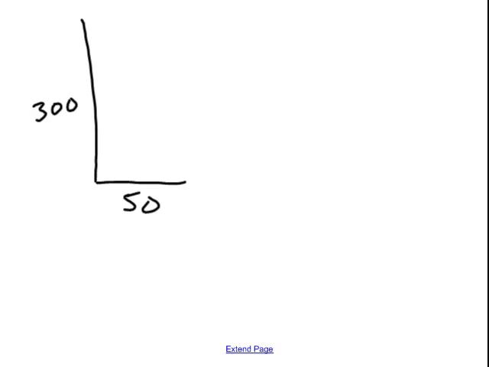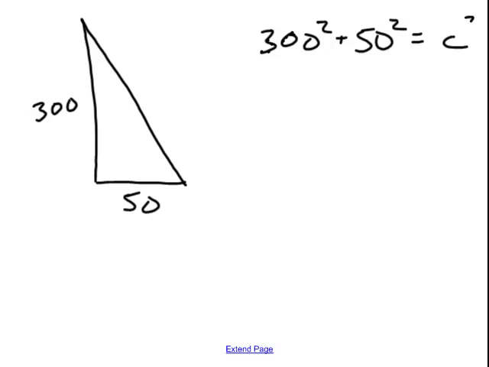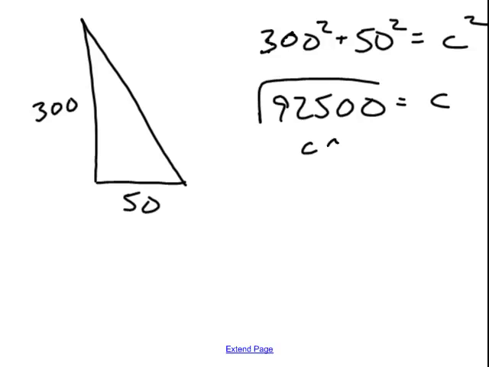The resulting speed, therefore, is going to be found by the Pythagorean theorem. 300 squared plus 50 squared is equal to c squared, the speed squared. If we work that out, 300 squared plus 50 squared is 92,500. We'll take the square root of that, will be equal to c. C is approximately equal to 304.138 miles per hour. That's about how fast it is going.